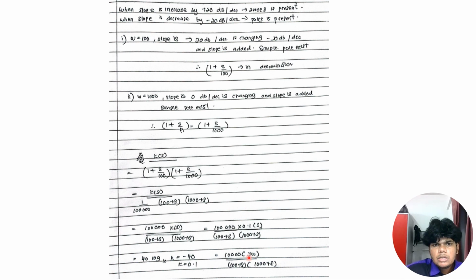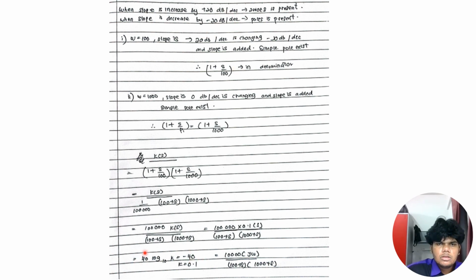So how do I get it? I get it using 40 log 10 k equals negative 40. So as you bring the 40 log 10 here, the k becomes 0.1. And you may be wondering why there's negative 40, because as I showed above, plus 20 and also minus 20 dB per decade are present. So the total values add up to negative 40.